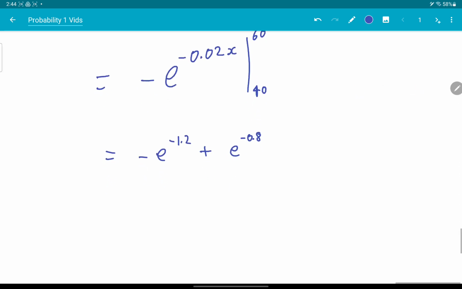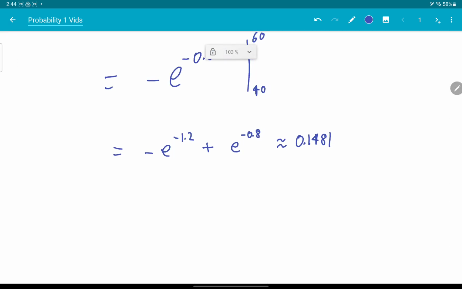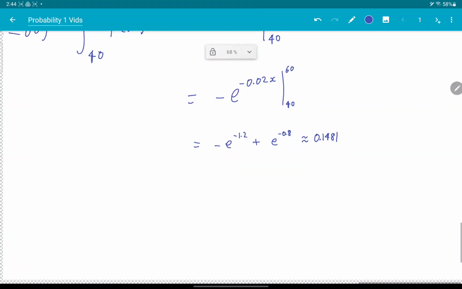Anyway, working this out, I get roughly 0.1481. So roughly 15% chance there.